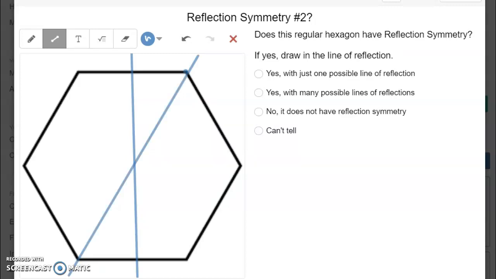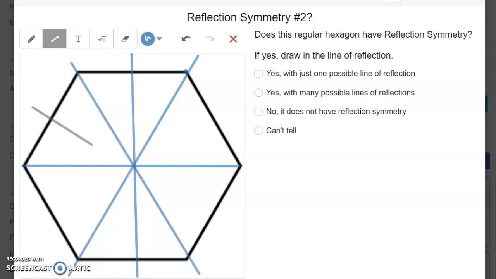Or if I do the same thing here, across horizontally, there are many different lines of reflection. Okay, so that's what reflective symmetry is talking about. Can you fold it in half in such a way that left and right hand match up exactly?